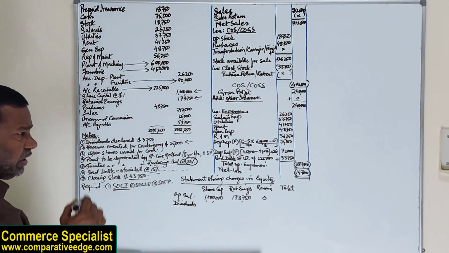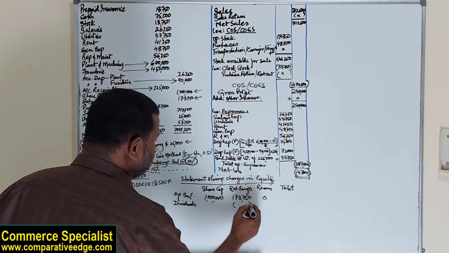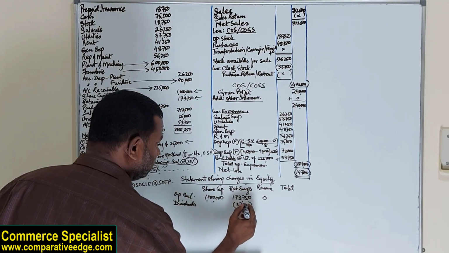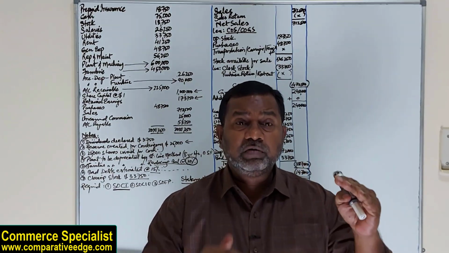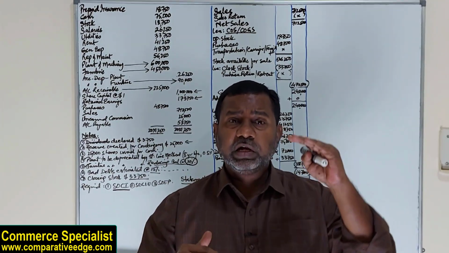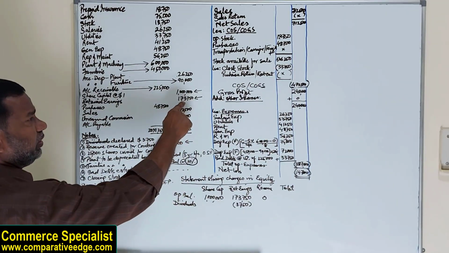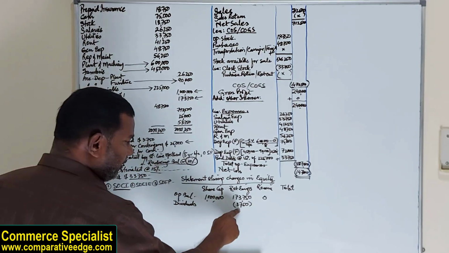Please remember, whenever dividends are declared, it is subtracted from retained earnings. How much? 3,750. The double entry when dividends are declared is retained earning debit, dividend payable credit. Retained earning debit means it has to be subtracted. When you declare dividends, retained earning is debited. Debited means you subtract.